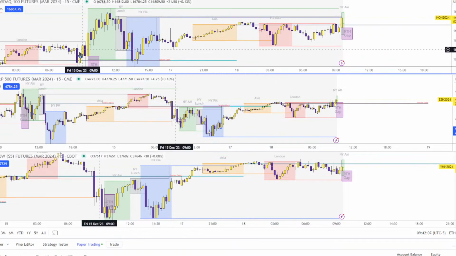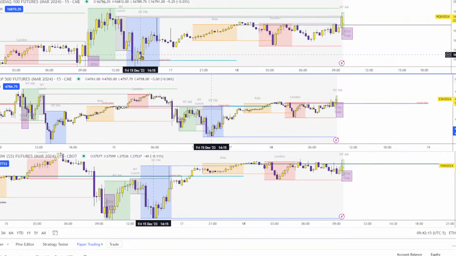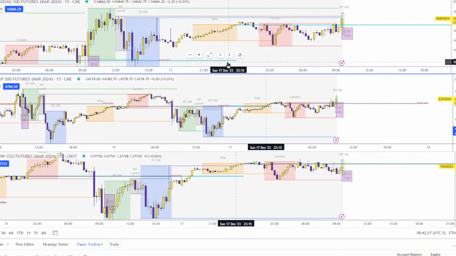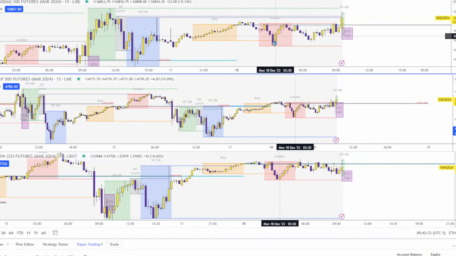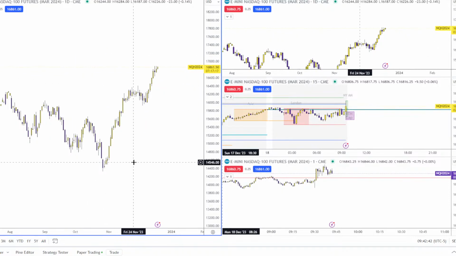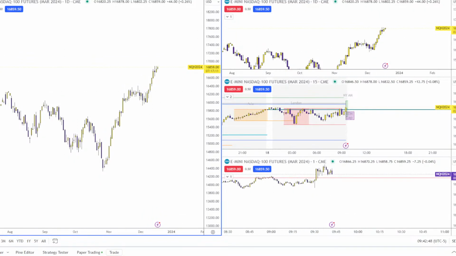That brings us all the way back into this breaker here. Midpoint of that breaker. Cleans out all the lows. Just taps below these guys here. Keeps us in that mean threshold of that breaker. 15 more minutes.